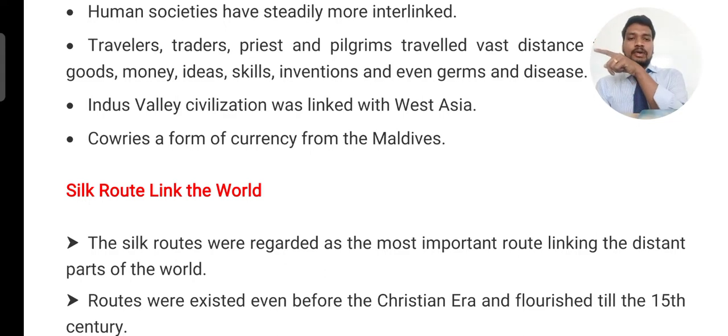From Europe, they were traveling to Africa. And suppose they had some resources in Africa, they were transferring the goods from Africa to Europe, or otherwise to Asia. It was having a link. So through this route, the important resources, goods and commodities traveled. So it's called the Silk Route. It was connected with the important continents.